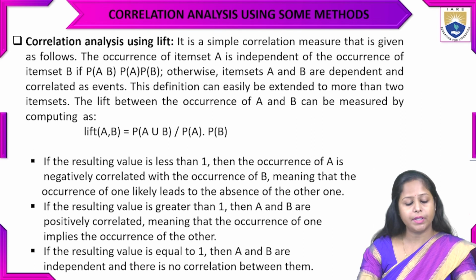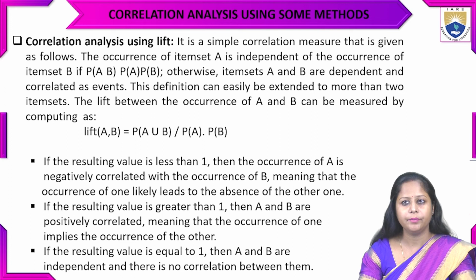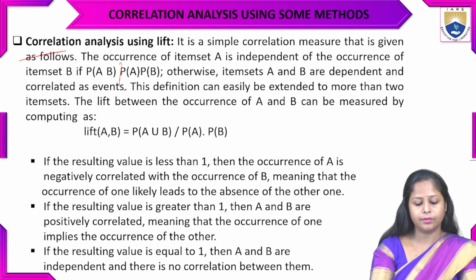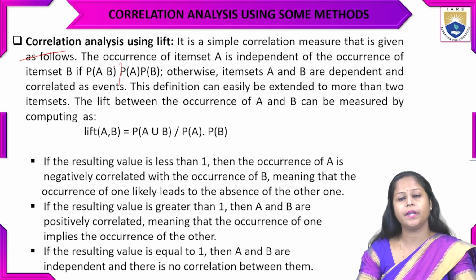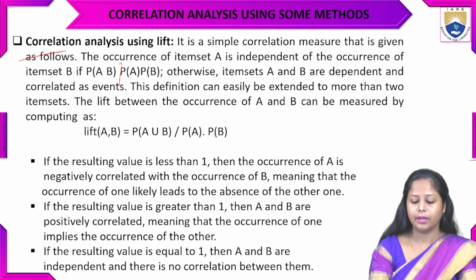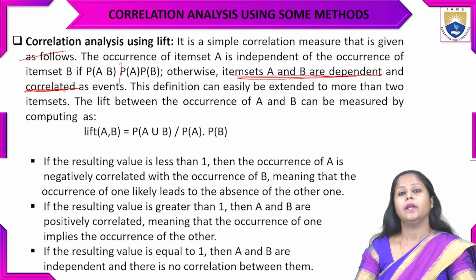The first method is correlation analysis using the lift method. It is a simple correlation measure that is given as follows. The occurrence of item set A is independent of the occurrence of item set B if P of A union B equals P of A times P of B. Otherwise, item sets A and B are dependent and correlated as events.